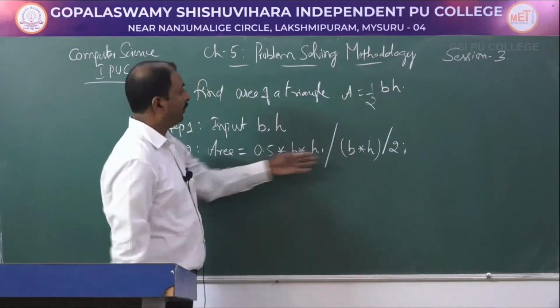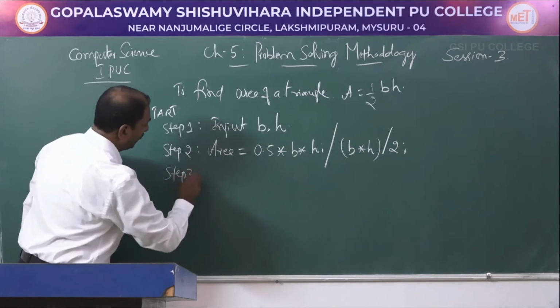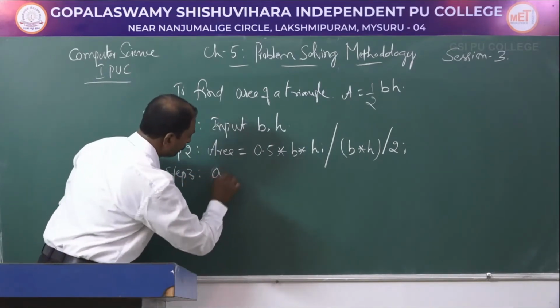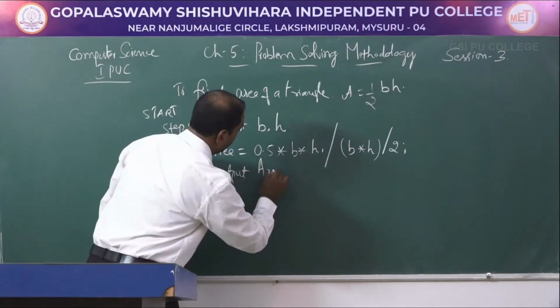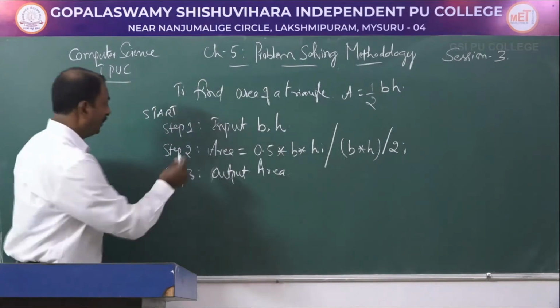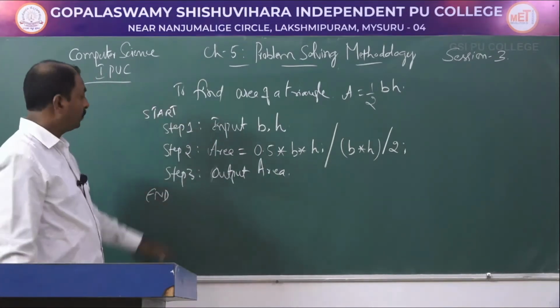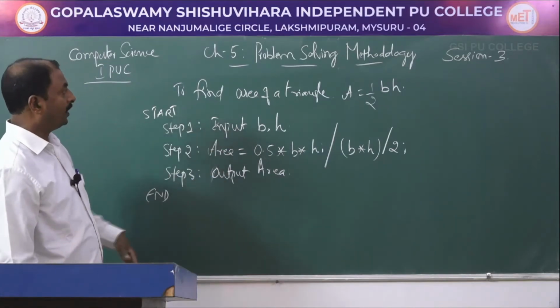This is nothing but applying formula. After applying formula, final step is we have to output area. Finally it has to end. This is an algorithm to find area of triangle.